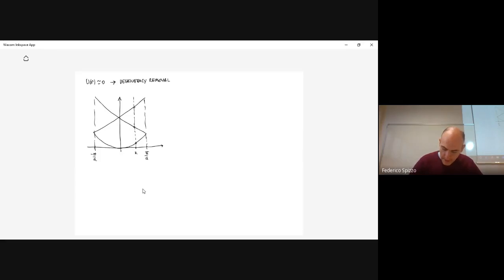And in this picture, if no degeneracy is observed, as in situation A, we have that E of n of k, the energy that is obtained when U of R is different from zero but small, can be considered to be equal to the energy when U of R is equal to zero.